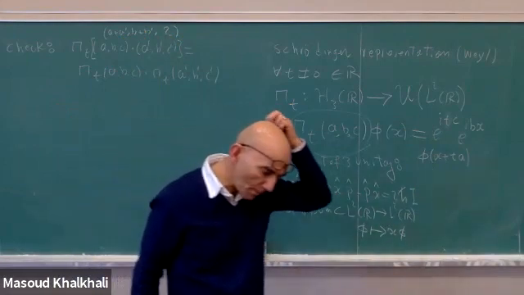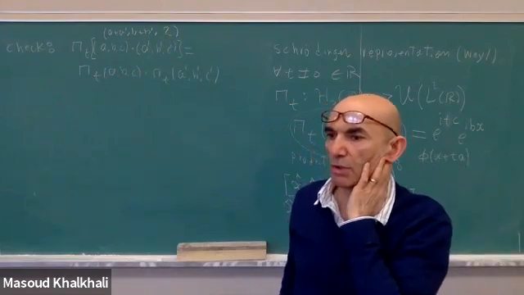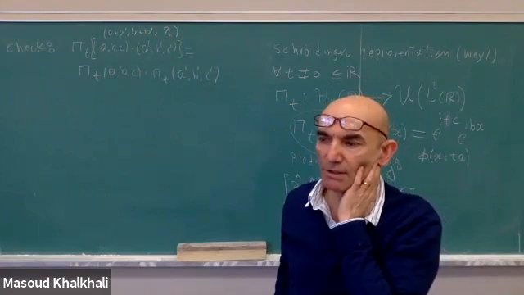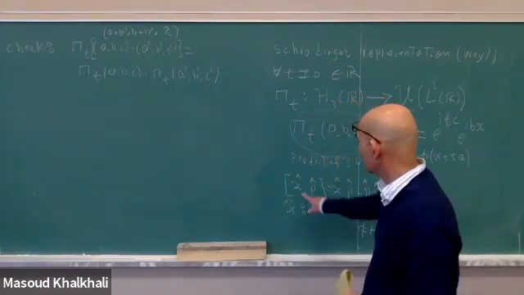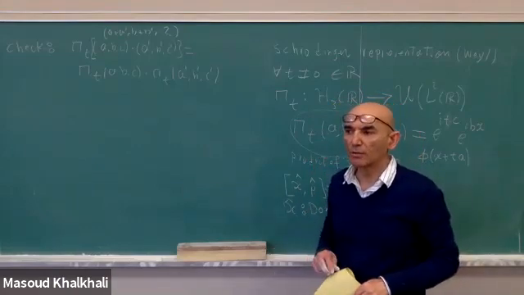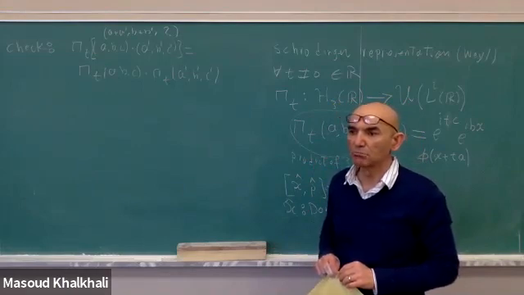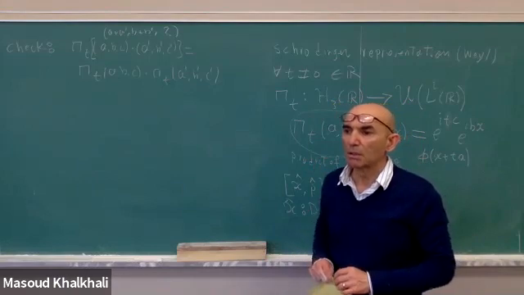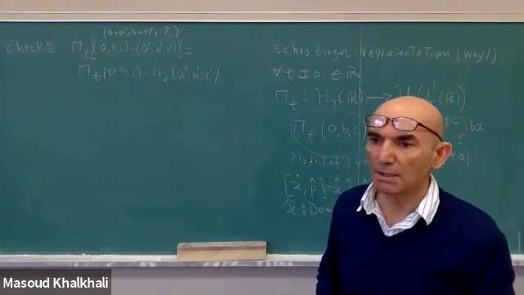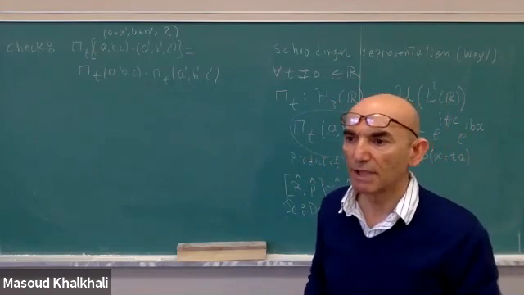Now, the question was, well, okay, Schrodinger wrote one representation of these commutation relations. What if there is another representation? Who guarantees that there is no other representation? Then potentially you are at risk. You may get a totally different kind of quantum mechanics for the same problem.